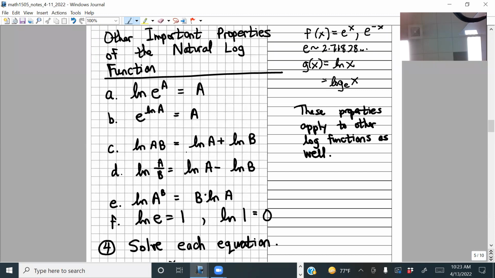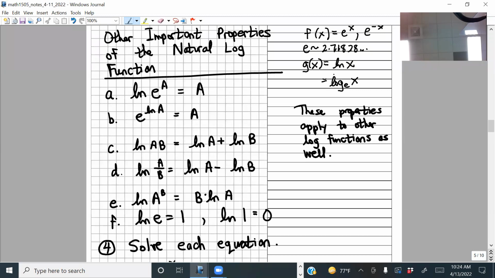All right, so the natural log function has many important and useful properties. As a function, it's kind of unusual because it obeys these properties. Most functions do not obey these properties that I'm writing down, but the fact that it does obey these properties really helps us when we're using the natural log function. It's not always easy to use the natural log function because it doesn't have a formula.